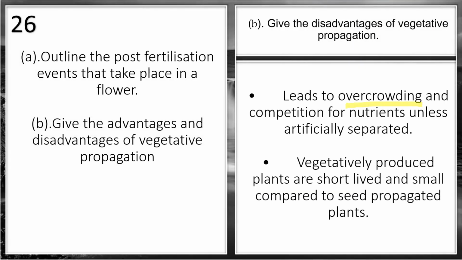It leads to overcrowding and competition for nutrients unless artificially separated. Vegetatively produced plants are short-lived and small compared to seed-propagated plants.